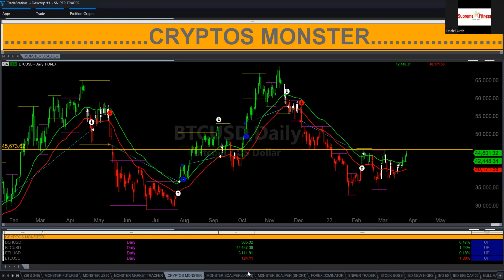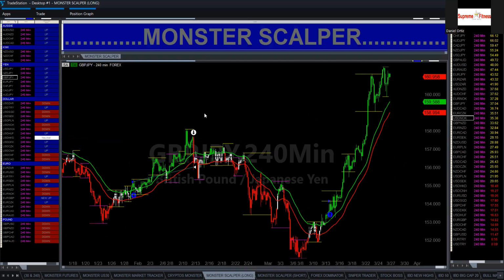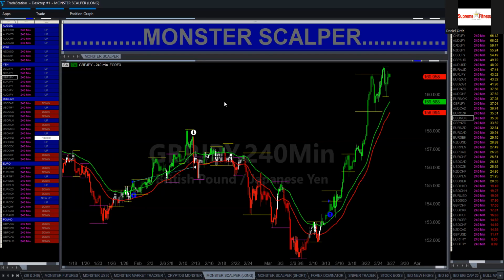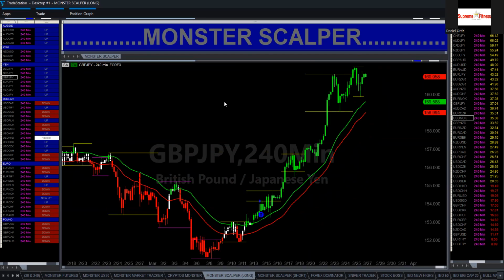Right now I'm doing pound yen, but I just don't know how scaling works in general. So far I've just been doing one or two trades, so I need an explanation of how scaling works in simple terms.